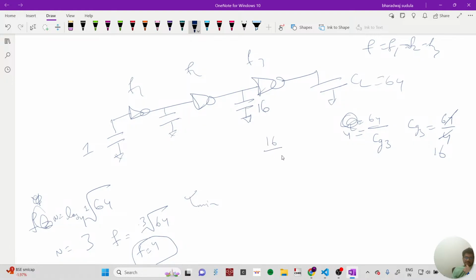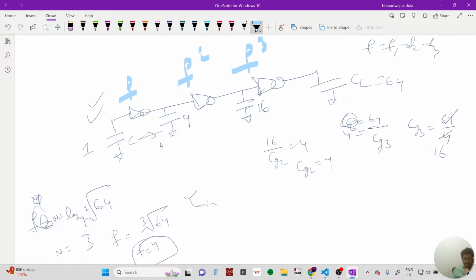So 16 by Cg2 will be 4, Cg2 is 4. This is 4, and this ratio should be 4, correct? And if this is f, this is f square, this is f cube.